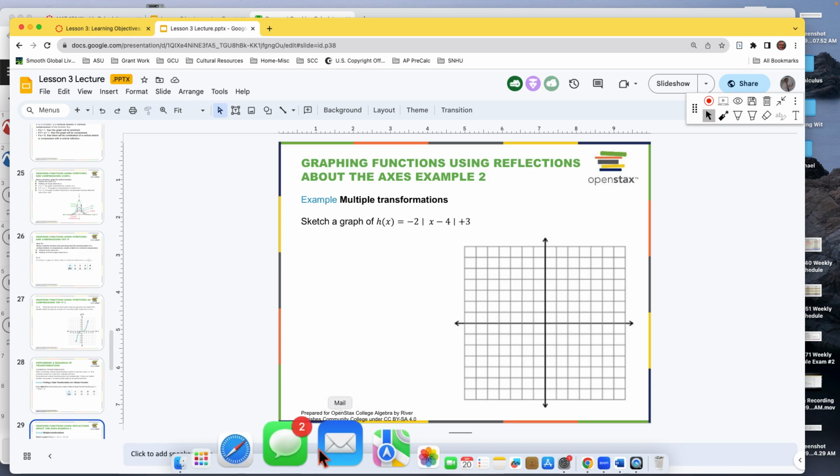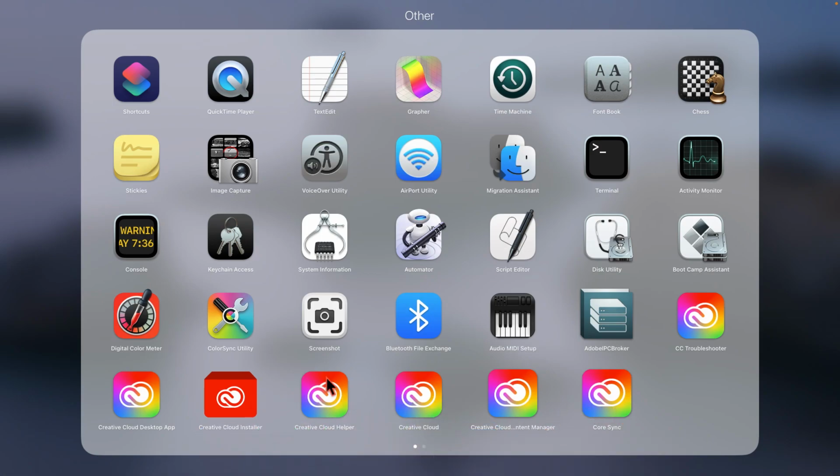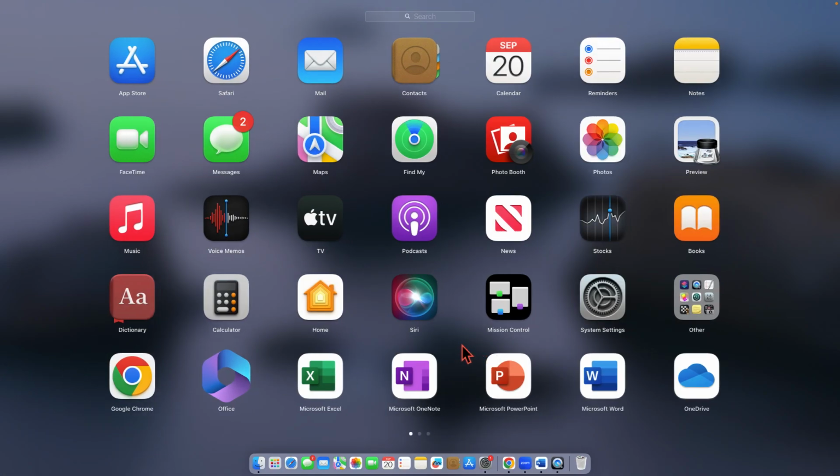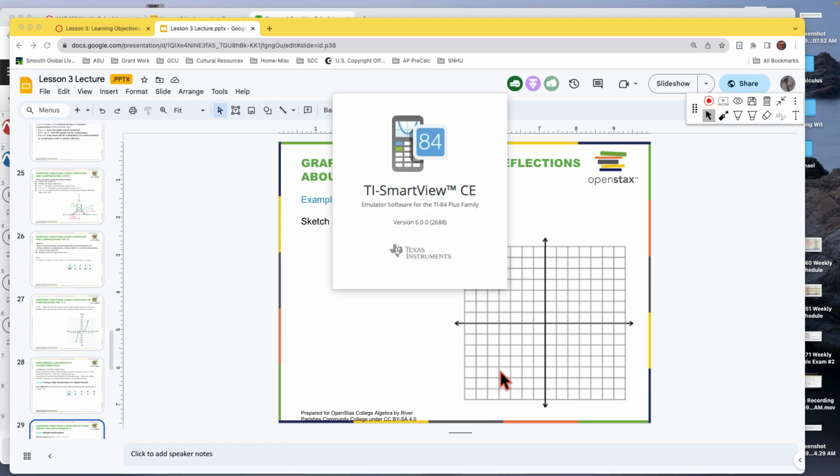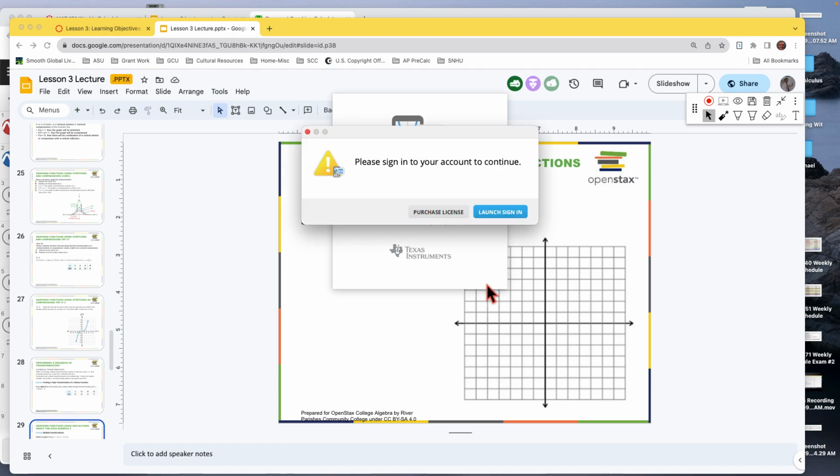Where am I? Got to go here. And well, it's -2 absolute value. Okay. Yeah, I knew it would. So I go into here.